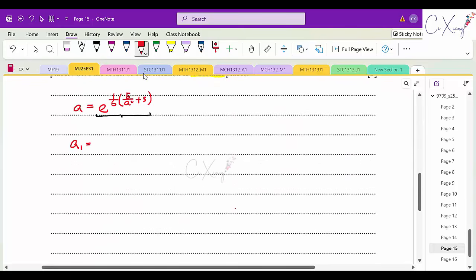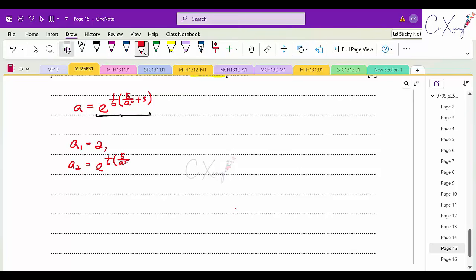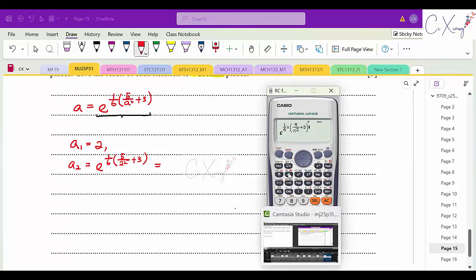Okay, right, then continue further from here. For me, the first initial value a1 is 2. Then to get the value for a2, basically you have to substitute the 2 inside the equation. So e power 1 over 6 of (5 over a squared plus 3); the a squared here will become 2 squared, so 2 squared plus 3. How to get the value from the calculator?